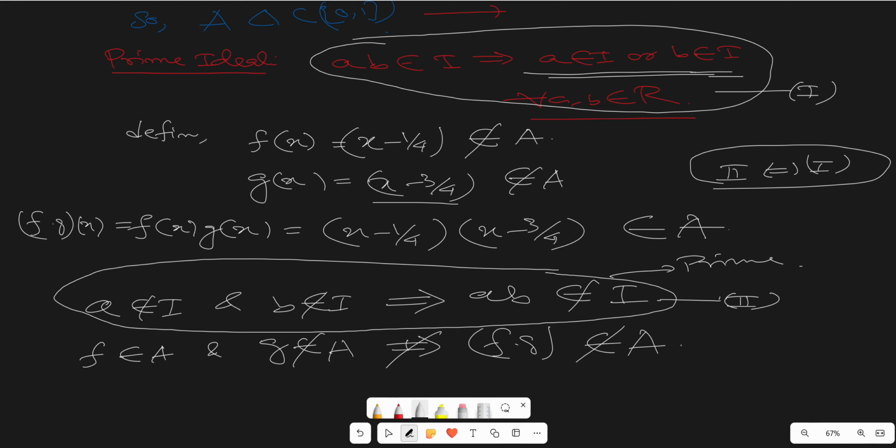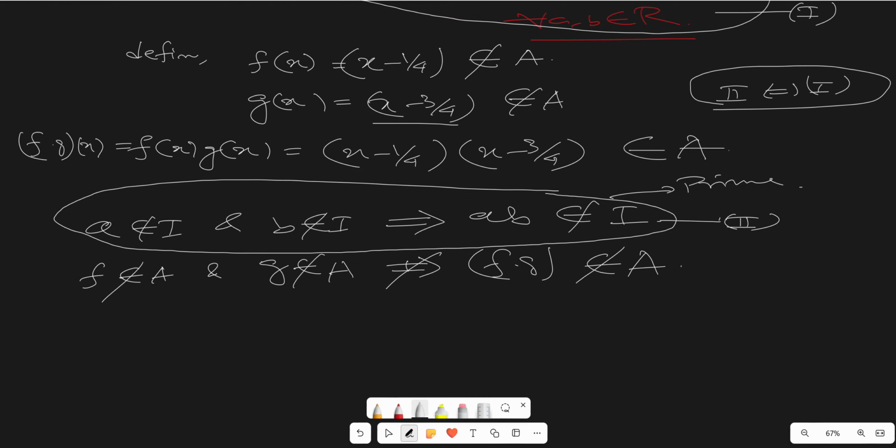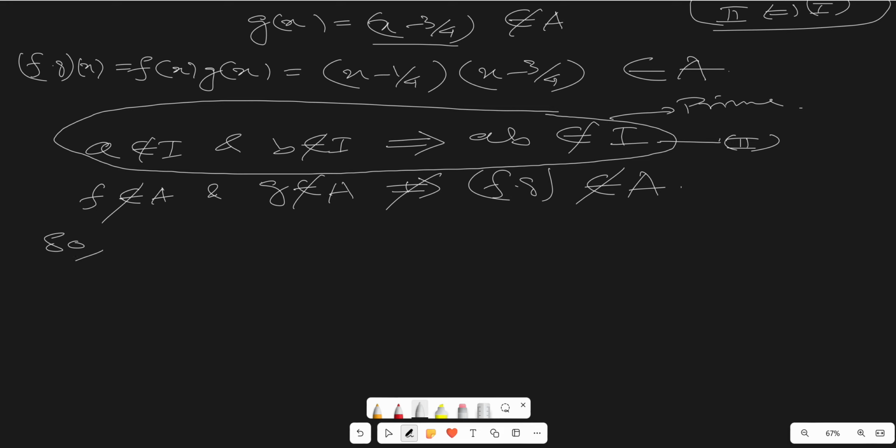So f is not in A, g is not in A, but it does not imply that fg is not in A. If this implied that fg is not in A, then it would be prime. So this is not a prime ideal. A is not prime.